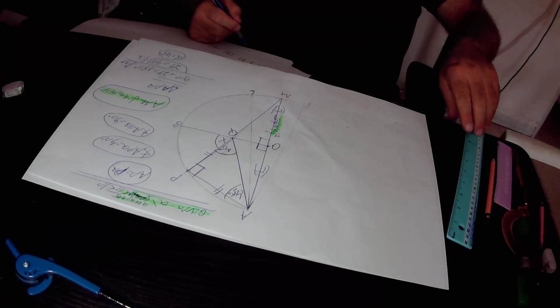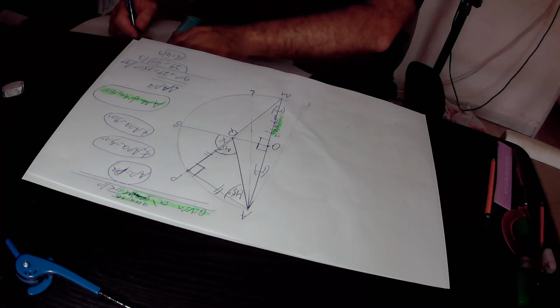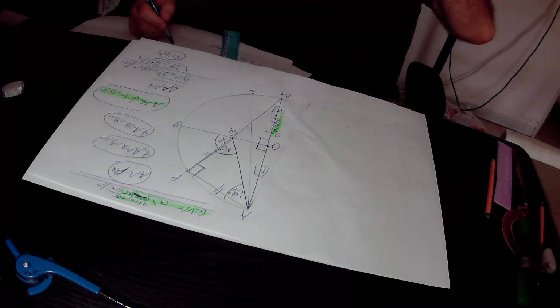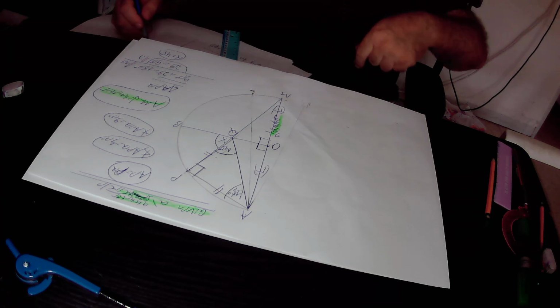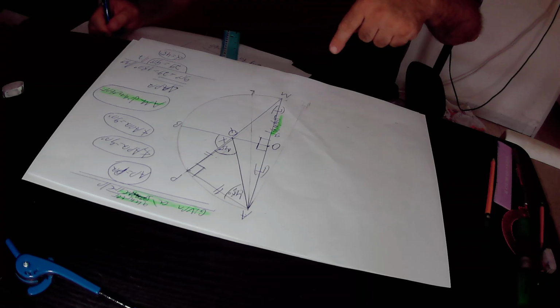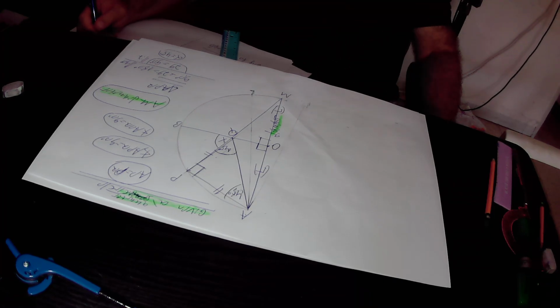we derive that side AQ on the right triangle AOQ is equal to side QM on the right triangle OQM.